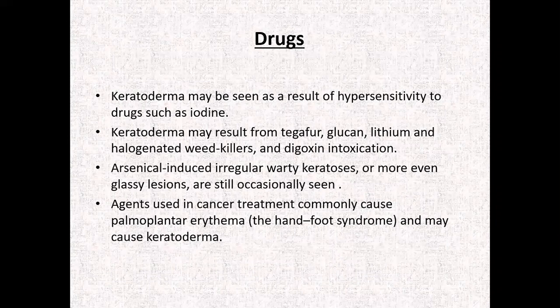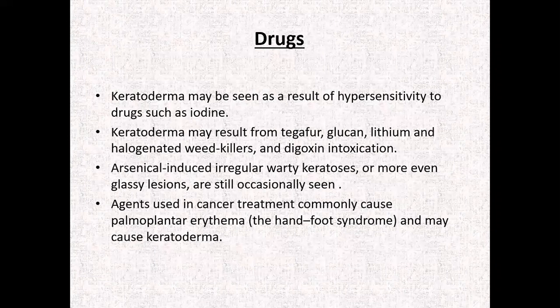Drugs: keratodermas may be seen in patients receiving iodine, glucan, lithium, tegafur, halogenated weed killers, and digoxin. Arsenical hyperkeratosis is one of the characteristic types of keratodermas which we see. This is again a focal or punctate keratoderma seen in arsenical hyperkeratosis.